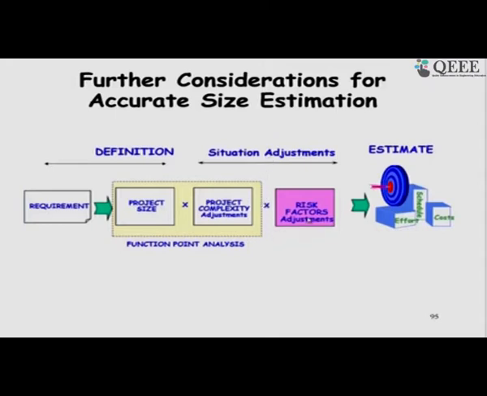So, based on that he will have a risk factor adjustment. This gives the project manager the basic size, which he might have to modify and then use in other estimation techniques that we are going to discuss, which will give us an estimate of the effort, schedule and cost from the basic size estimation.